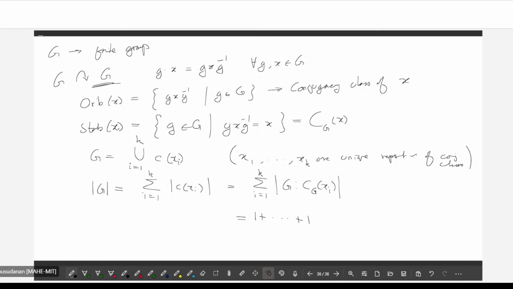How many will be there? The number of elements of the center, so the order of the center, plus the remaining.